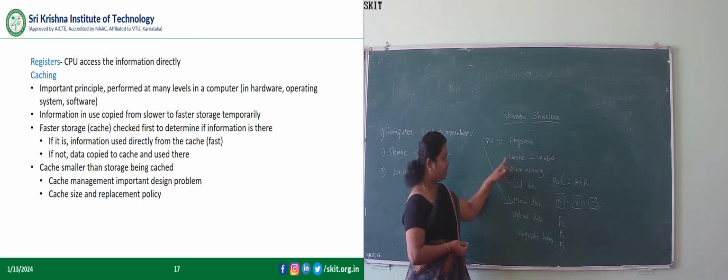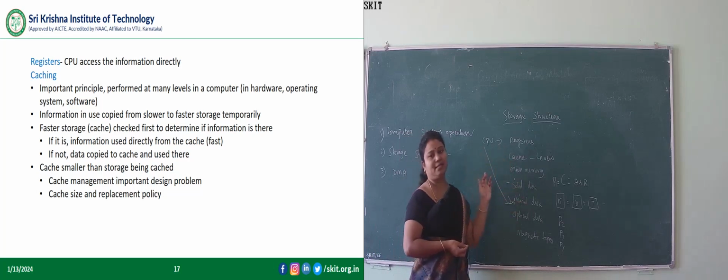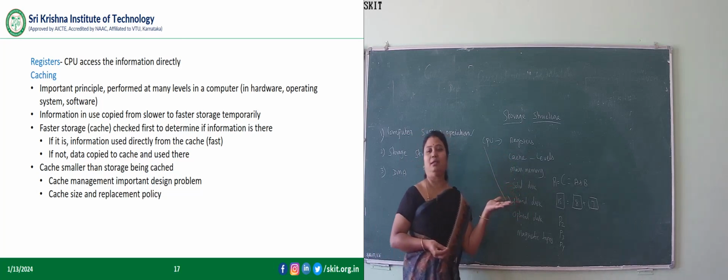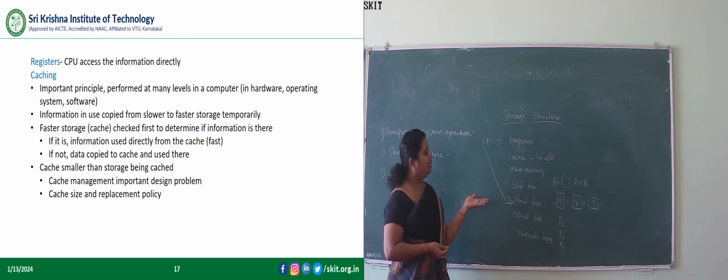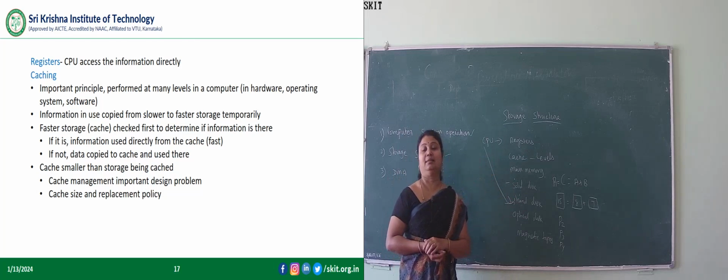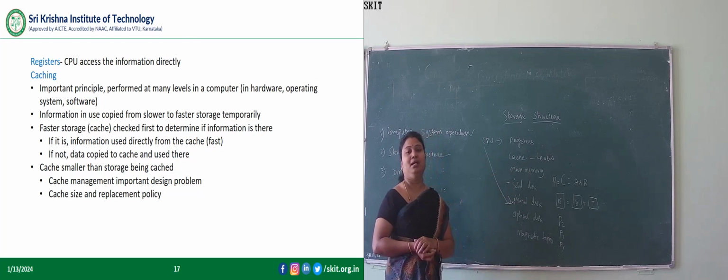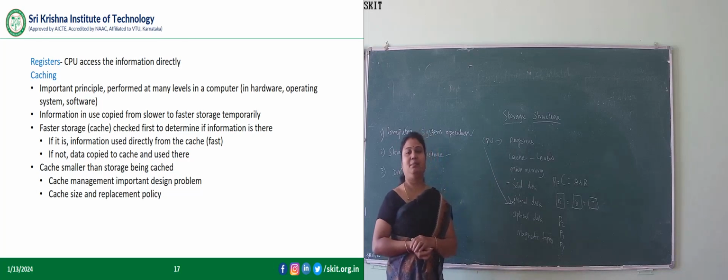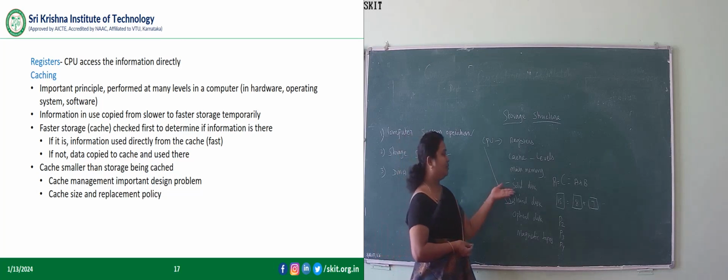If it is not present here, then you should bring it from the hard disk to the cache memory. It will take some delay. In the main memory and storage devices topic, we will see in detail about cache miss, cache hit and so on; we will discuss that later. Cache management is important, with design problems such as cache size and replacement policy. These are very difficult to manage.